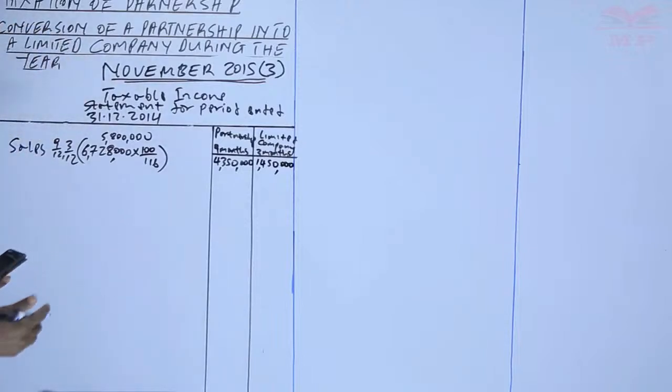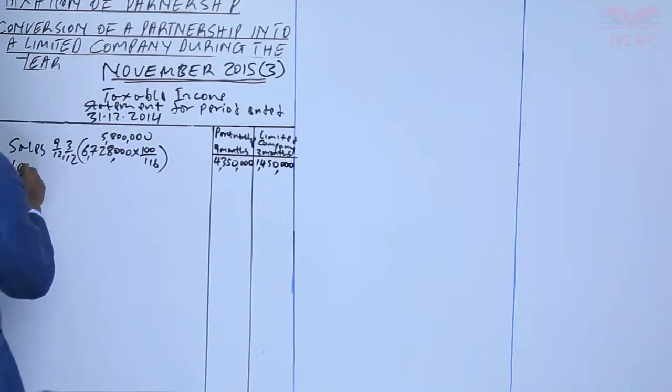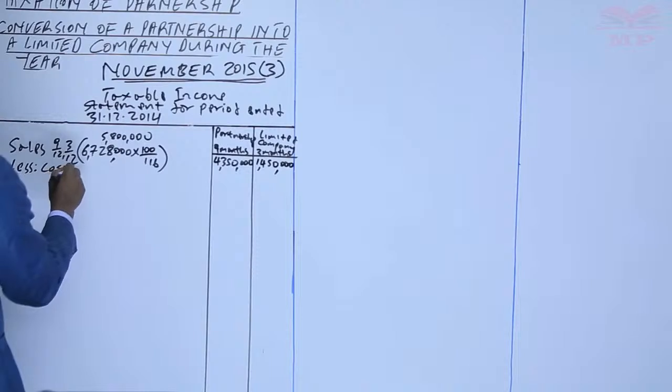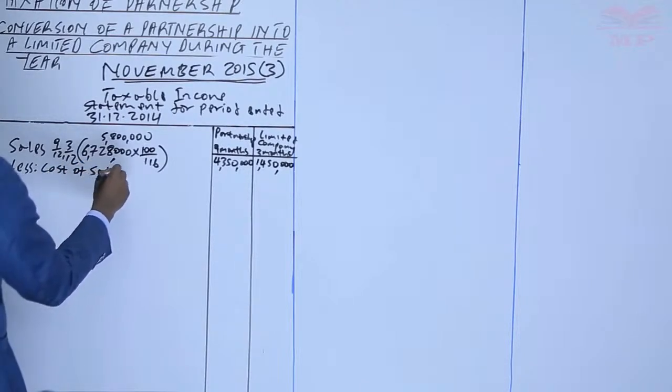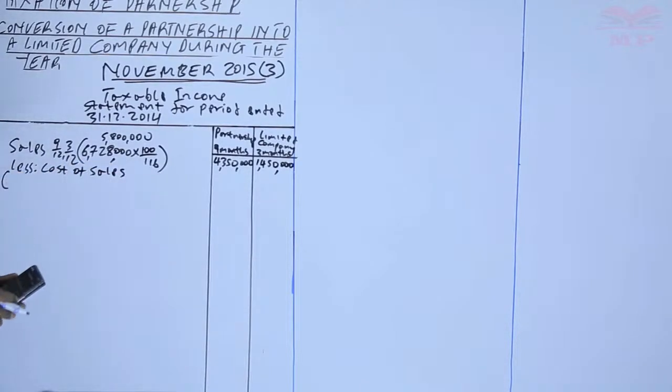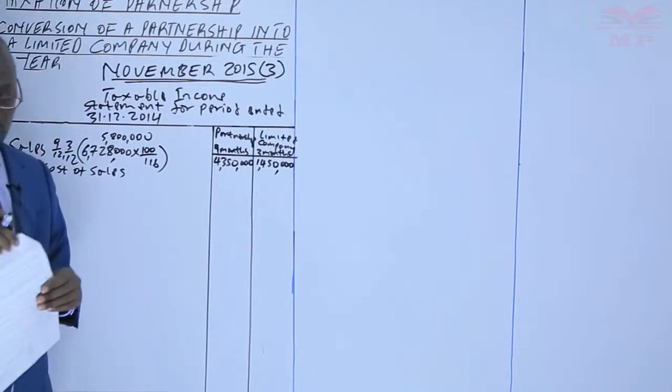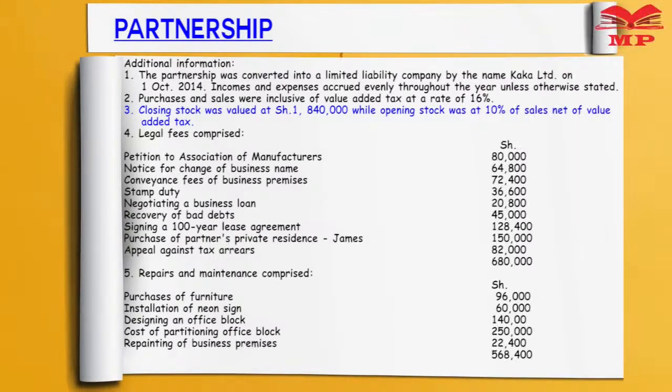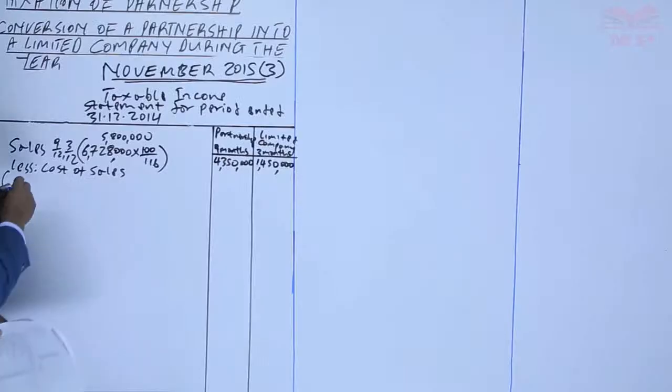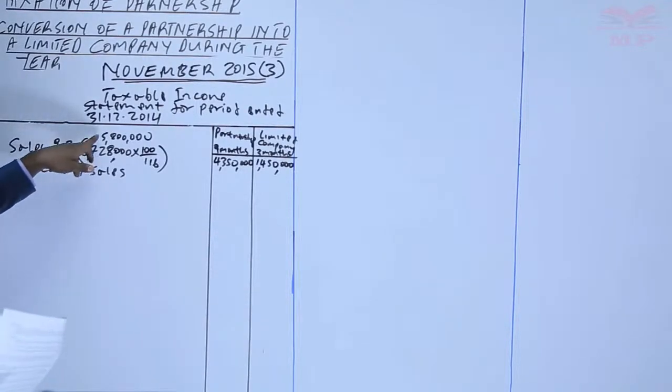Now, gross profit method, after getting the sales, we normally less the cost of sales. For the cost of sales, we normally start with the opening stock, which in this question, the opening stock we are told in additional information number 3. Closing stock was valued at 1,840,000, while opening stock was 10% of sales net of VAT. So the opening stock is 10% of the sales net of VAT.